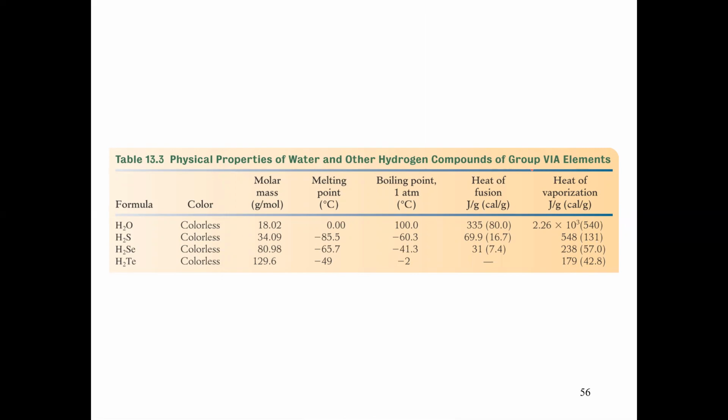If you compare it to other ones like H2S, hydrogen selenide and hydrogen telluride, they are essentially gases, but water is much higher in the melting point and boiling point because of hydrogen bonding.